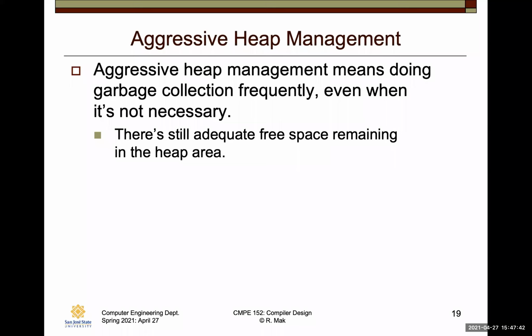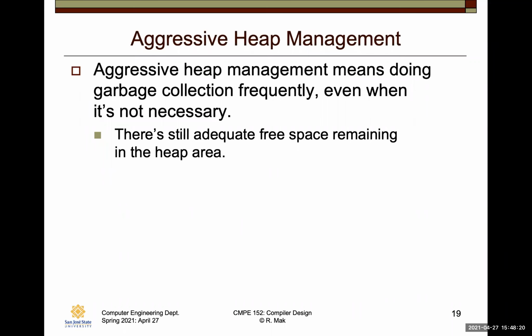Aggressive heap management means you do a lot of garbage collection, even when it's not necessary. Garbage collection really becomes important if it becomes harder and harder to find a hole to put a new object in. And so after a while you say, I've got to go in there and collect all the garbage to make more holes. Now, aggressive heap management says you go in there and do garbage collection whether or not it's really needed.